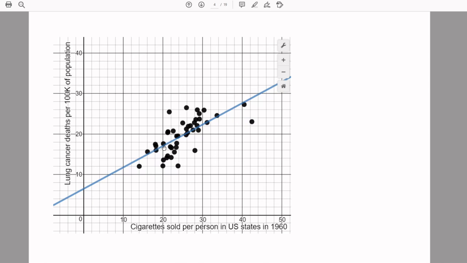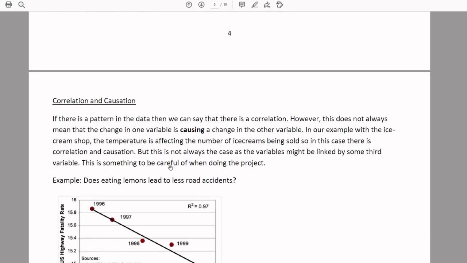So it's showing that there's something going on, obviously, between cigarettes and lung cancer. Originally they didn't know that there was a connection between smoking and health problems, and it was only the statisticians working it out that showed that there was some correlation going on, and then scientists obviously proved there was a link.